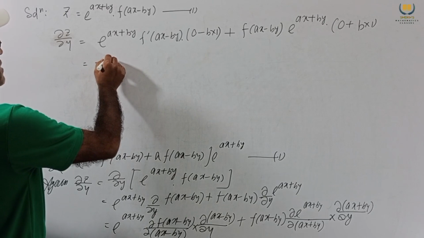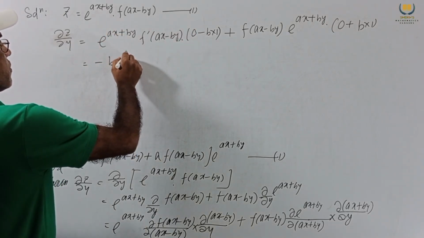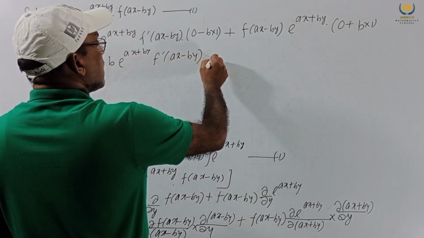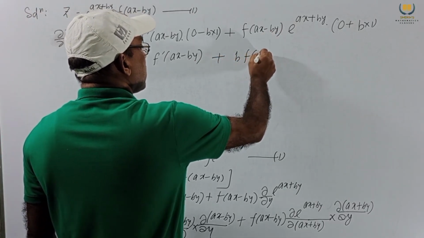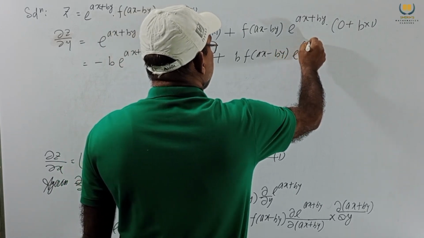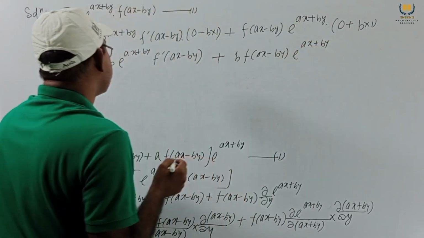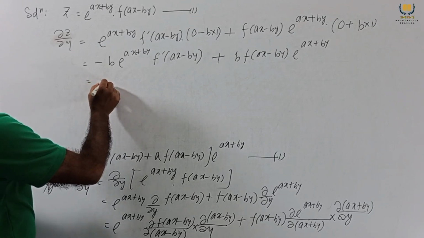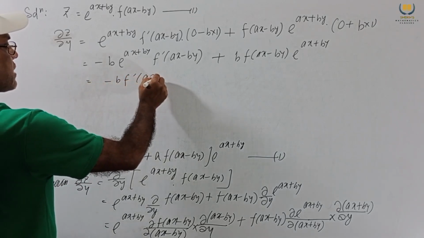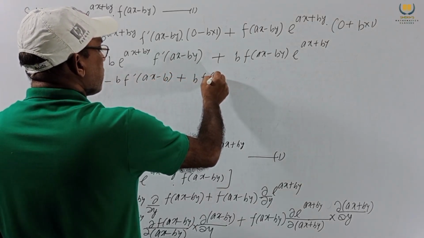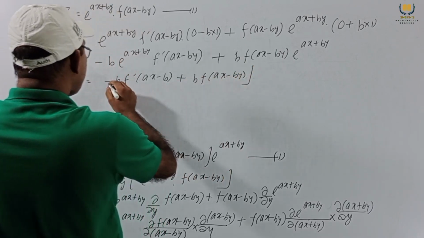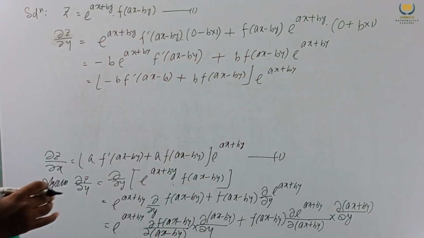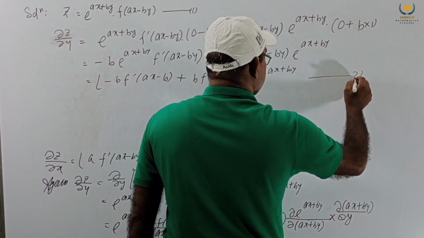Ultimately we get −b e^(ax+by) f'(ax−by) plus b f(ax−by) e^(ax+by). Taking e^(ax+by) common, we get −b f'(ax−by) plus b f(ax−by), into e^(ax+by) common. This is number 2 we consider.